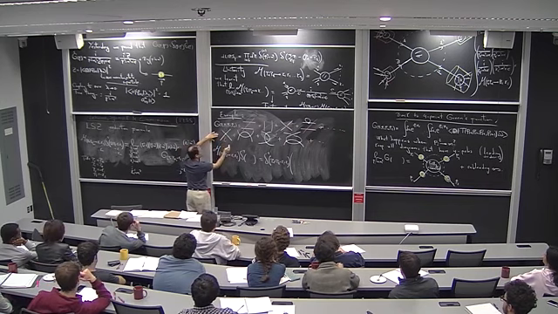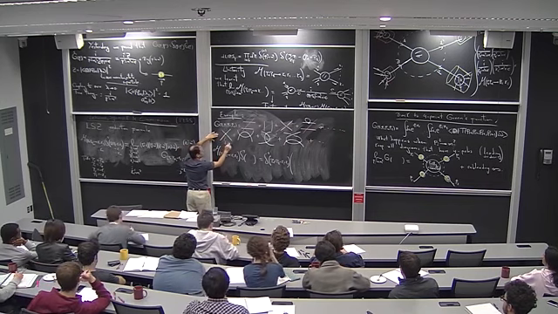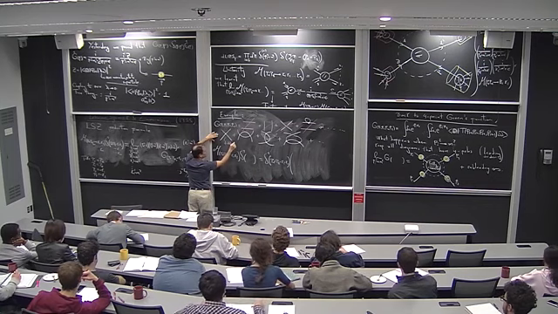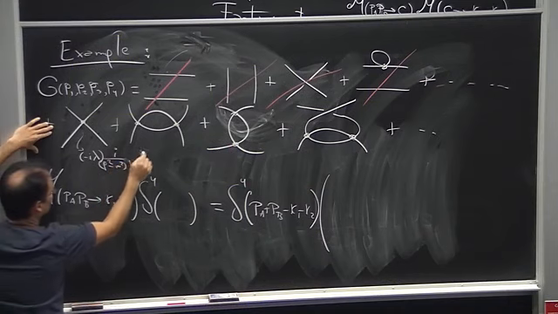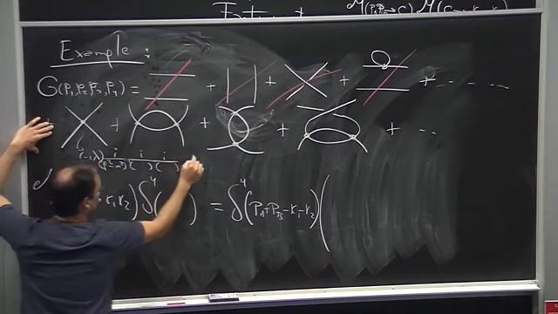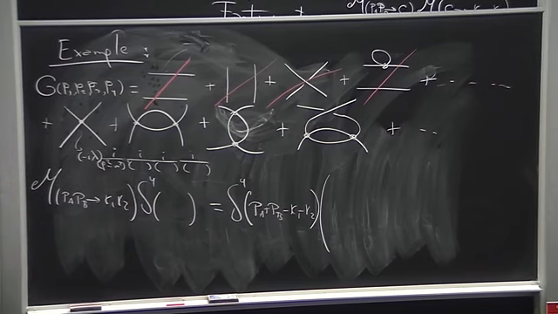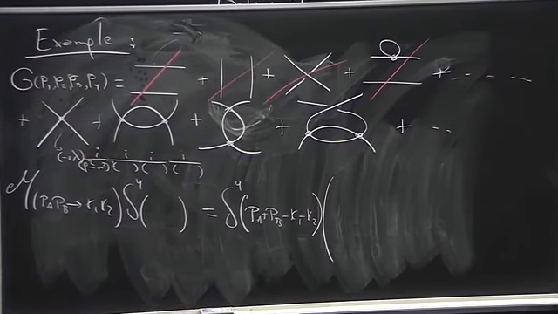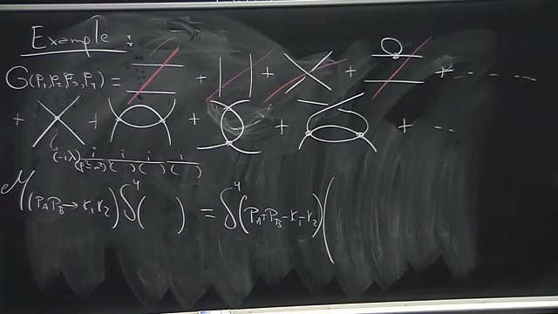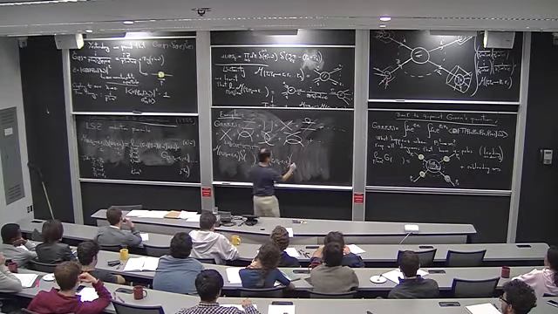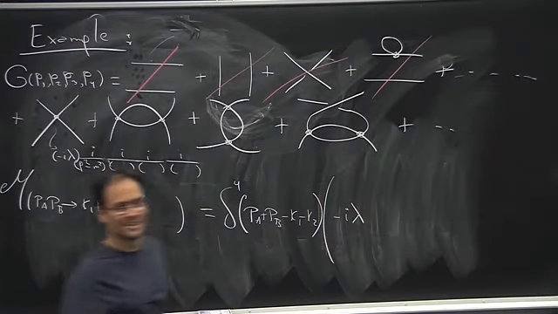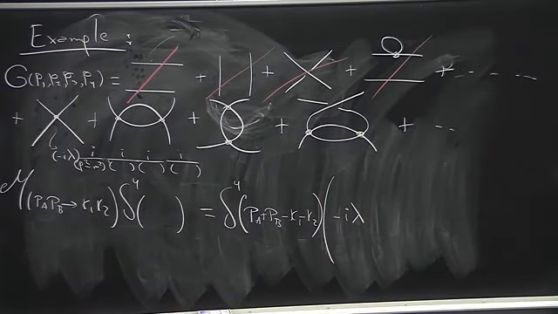So this diagram is minus i lambda times the 4 propagators. Is that what you got? Now we multiply by the 4 propagators, take the limit, and what do we get? We get minus i lambda. Very good. We worked so hard to get that lambda over there. That's great.